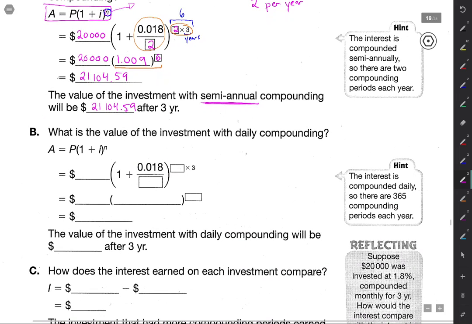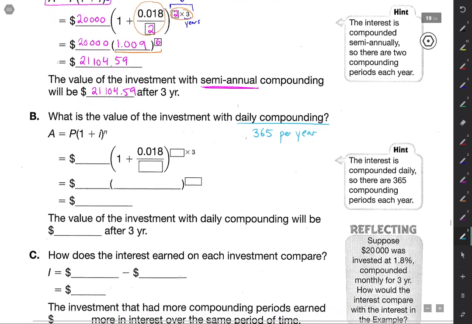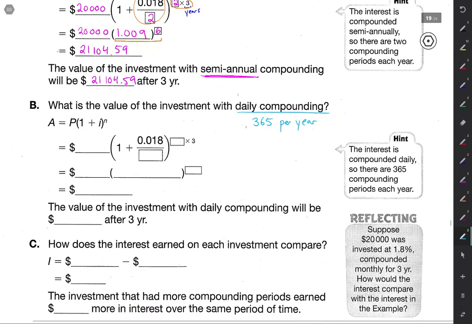So now we're going to do the exact same calculations, but this time we are going to compound it daily. So remember, daily compounding would mean 365 times per year. So not 2 this time, 365. So our principal amount's going to stay the same, which is $20,000. Then we have 1 plus the rate, which is 0.018 or 1.8%, stays the same.